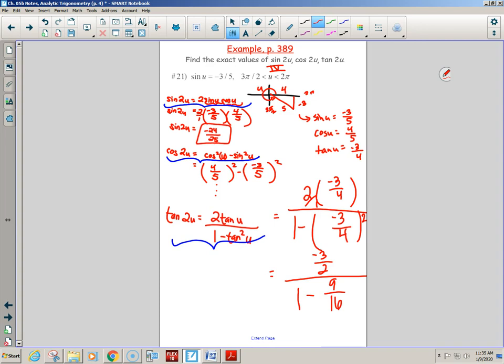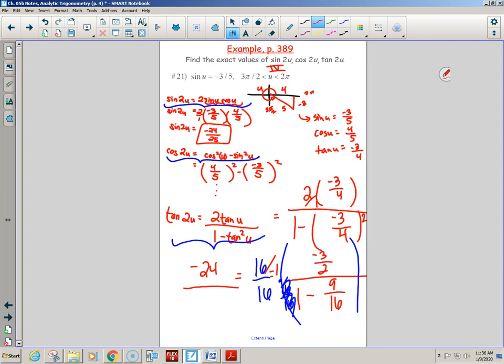So you have options. You can make this a 16 over 16 and get a common denominator and multiply by the reciprocal. Or you could do my trick of multiplying top and bottom by that, and you'll get to the same place. Both ways work. Either a 16 over 16 here or a 16 over 16 here. If you do it this way, we have 16 over 1, that'd be a 1 and an 8, negative 24.